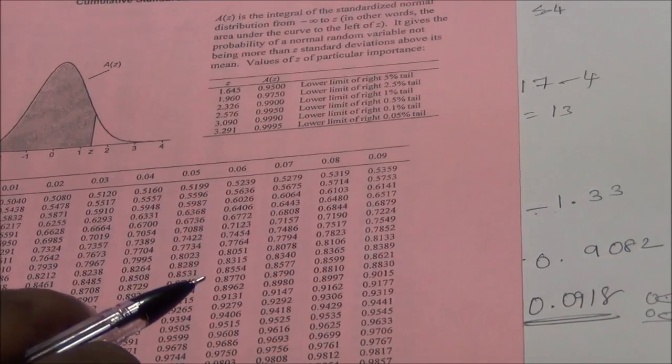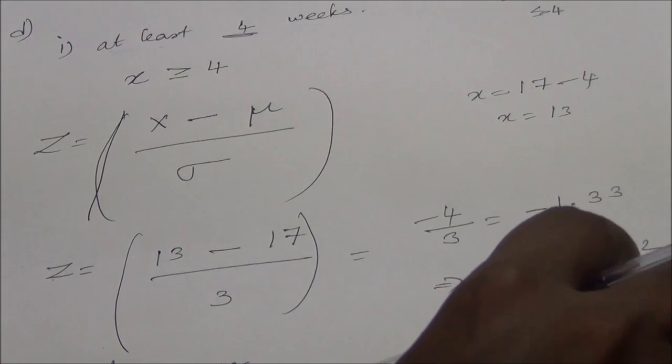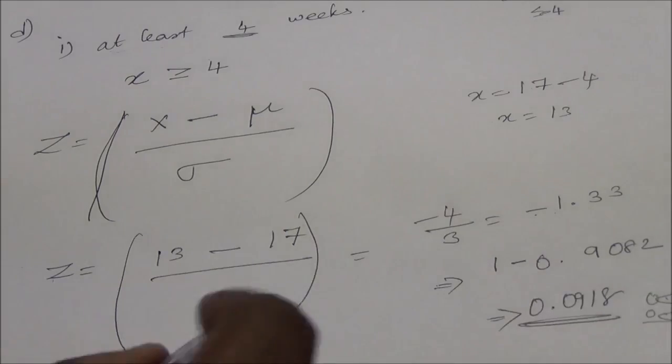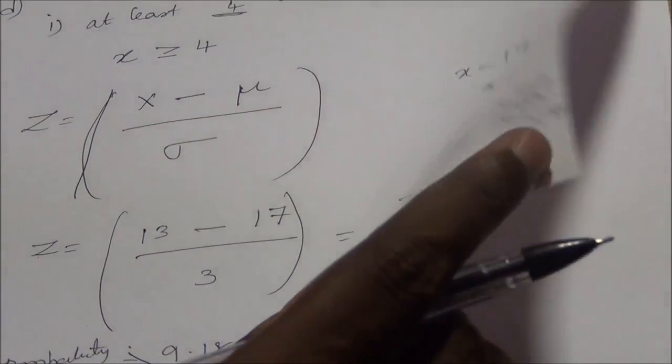So 1.33 is 0.9082. You subtract that from 1, so 1 minus 0.9082, you will get this value. You multiply this by 100, you will get the 9.18 value. And the next problem is, they have given: what is the probability of completion of time that takes no more than 4 weeks.